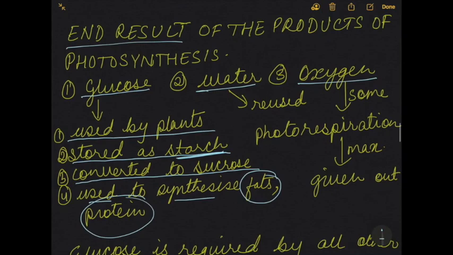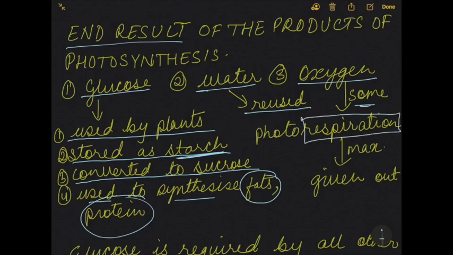Now water, what happens to the 6 molecules of water that is released? It is reused for photosynthesis. Now coming to oxygen, what happens to the oxygen? Some of the oxygen is used for respiration by the plants.